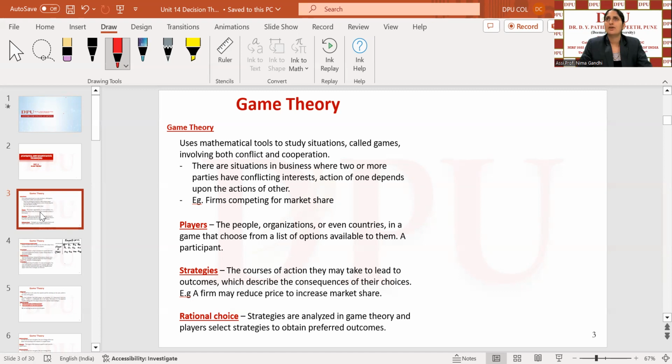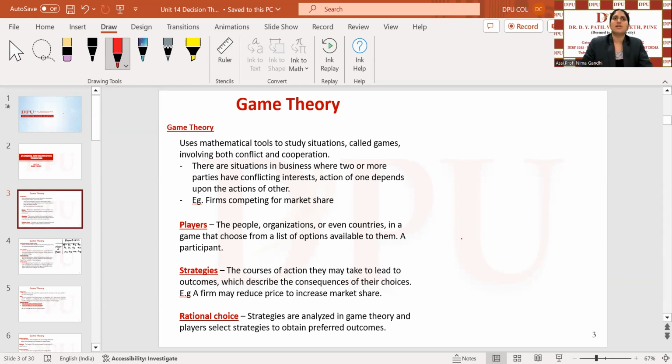They might reduce the cost of their product to get the market share. Initially they might face a loss, but their goal is to get the market share. Once they get the maximum market share, they might increase the price of their product, or give some discounting on their product. So these are the different strategies, the different courses of action they can take.